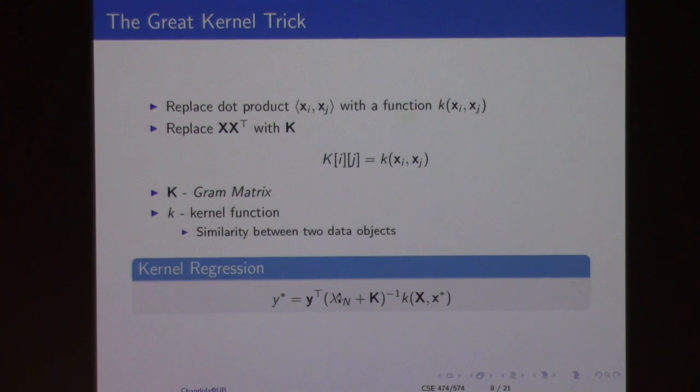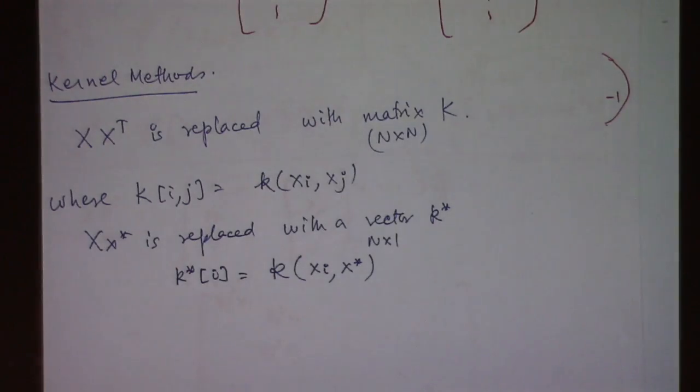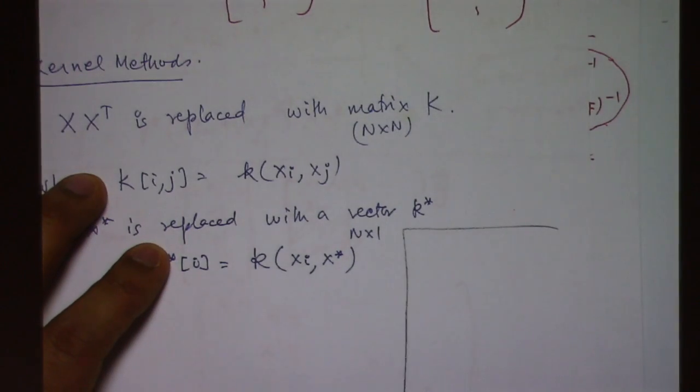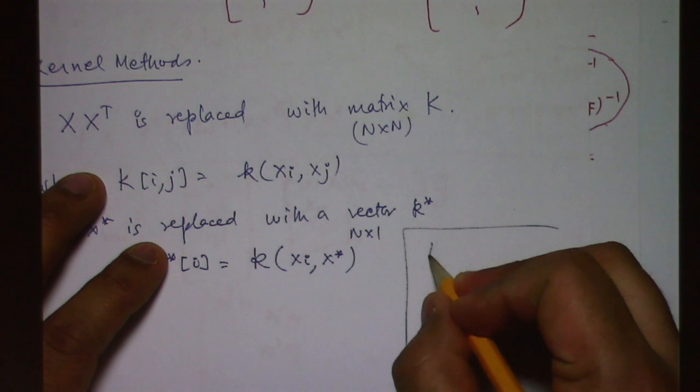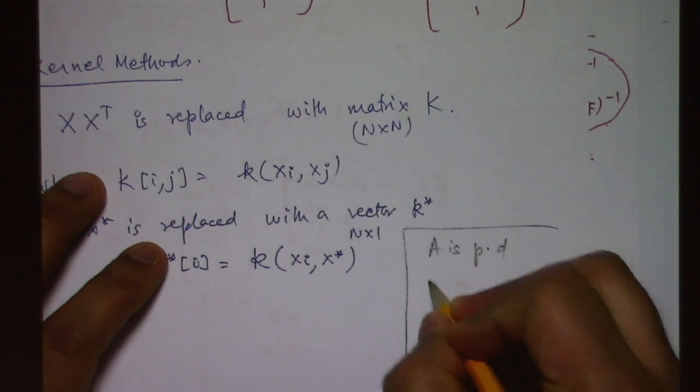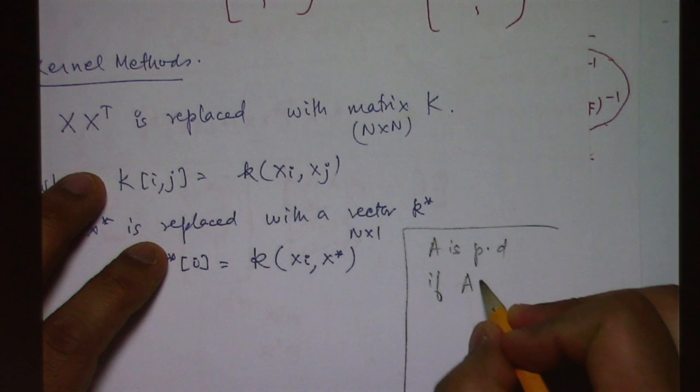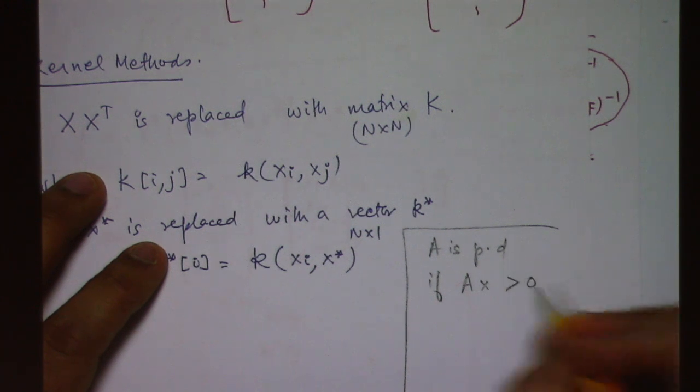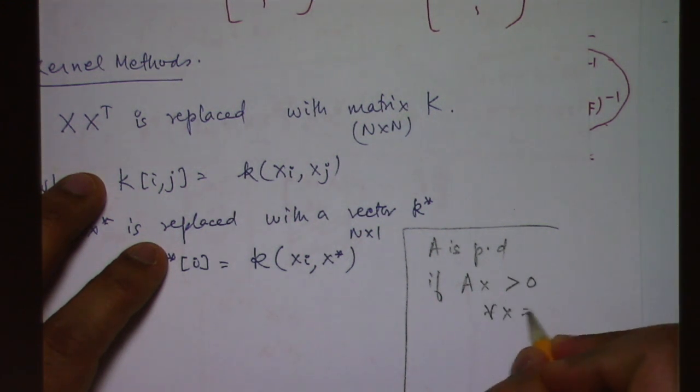So remember, positive definite and positive semi-definite are concepts that I hope you know, but quickly, any matrix A is positive definite if x^T A x is greater than 0 for all x not equal to 0.